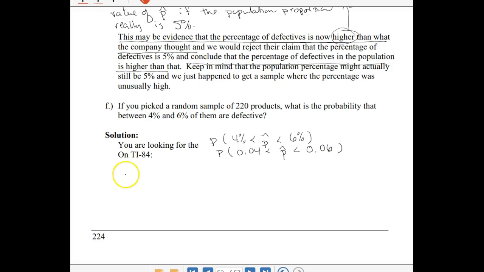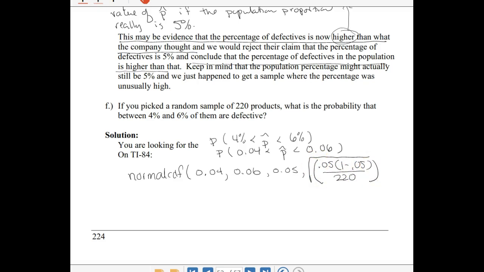On the TI-84, we would compute that by taking normal CDF. This one we actually have two finite endpoints, so the left endpoint is 0.04, the right endpoint is 0.06. The curve is centered at 0.05, and the standard deviation is 0.05 times 1 minus 0.05 divided by 220, and all of that under a radical.